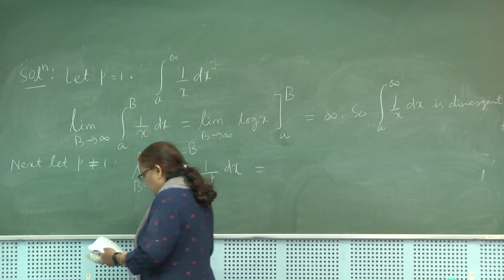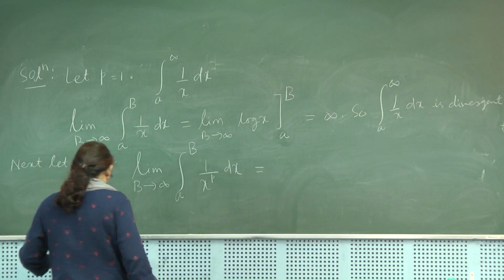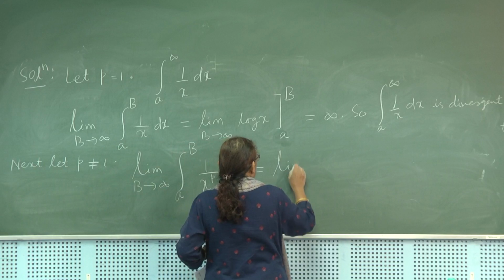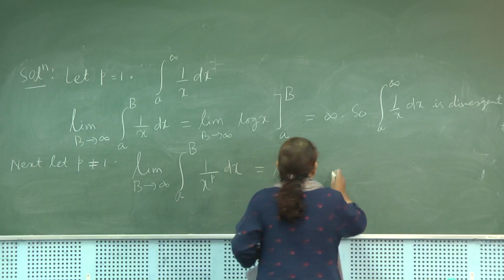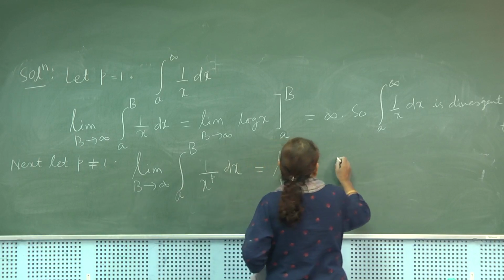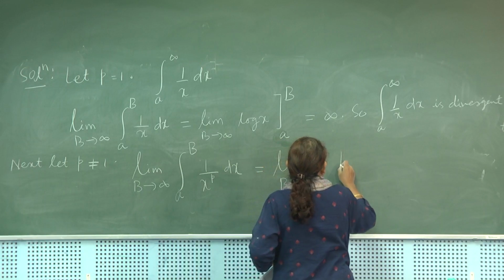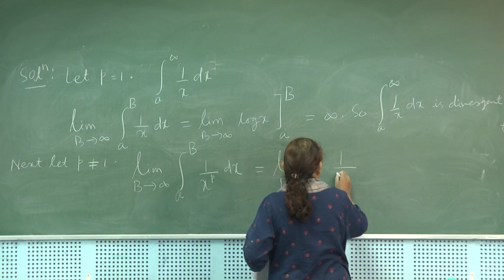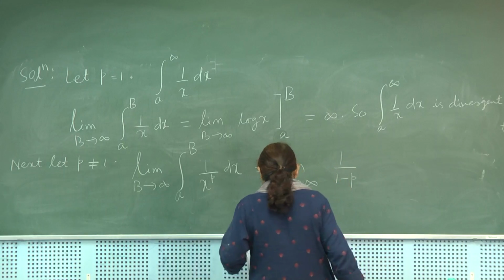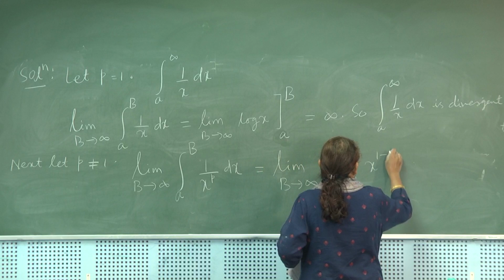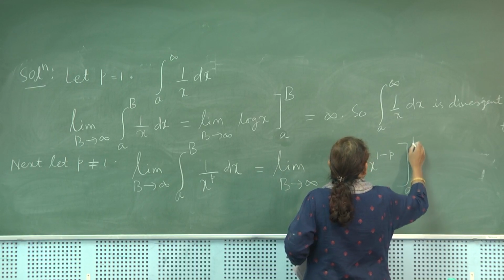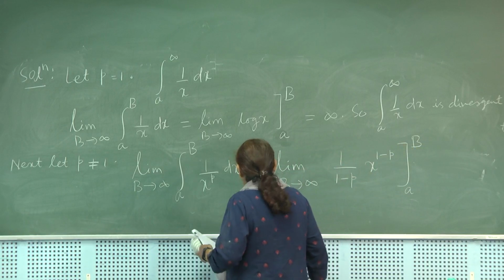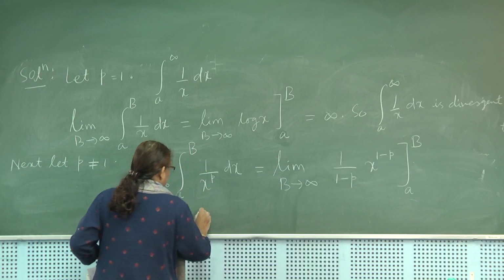First of all you have to integrate this one. The value of this integration, you check that you get 1 upon 1 minus p x to the power 1 minus p, and you evaluate from a to b, and then you take limit b goes to infinity.